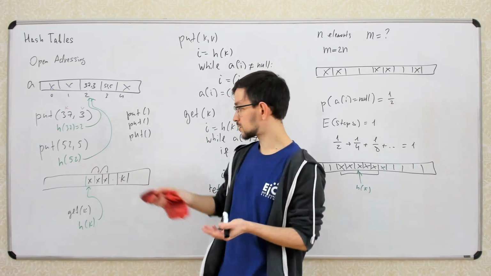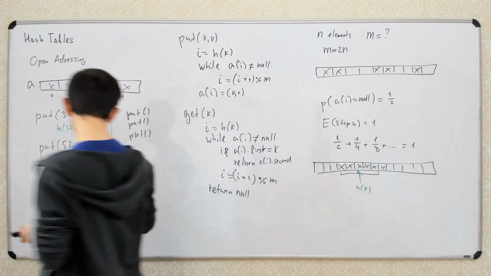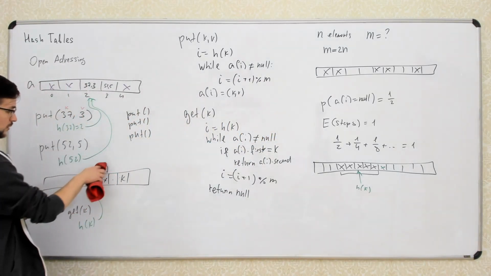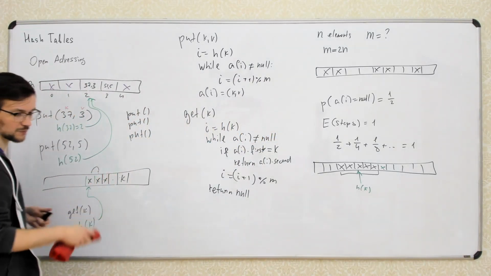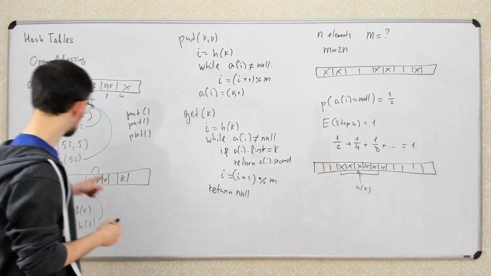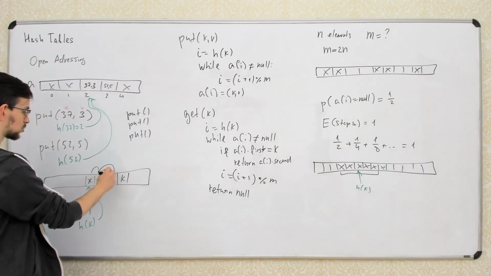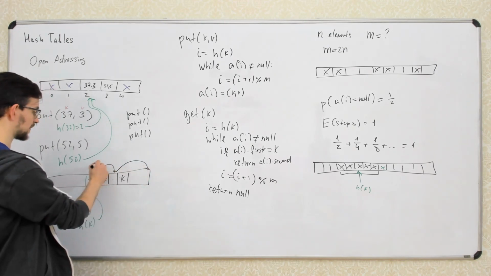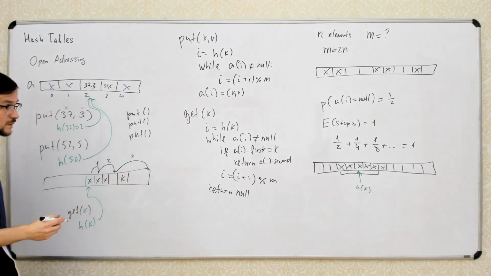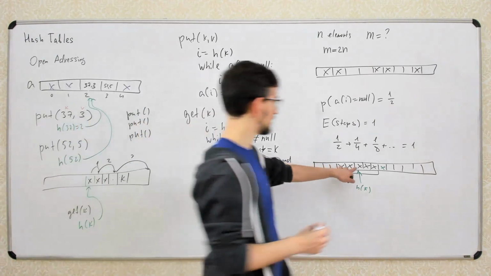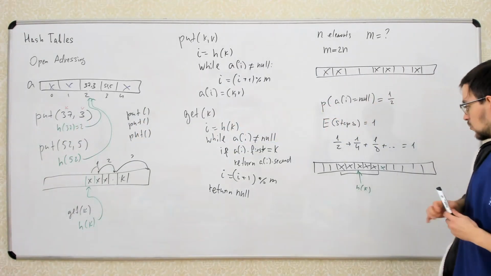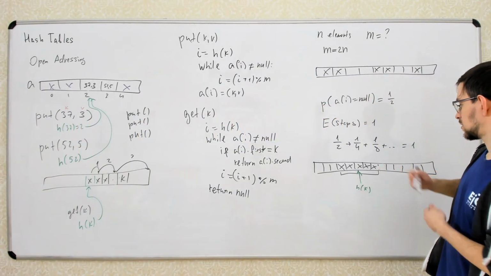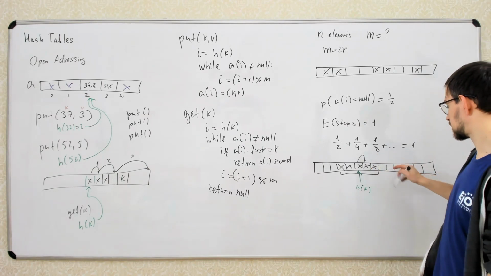That's not exactly what you have to do. You can do it in a different way. For example, you can make each next step bigger than the previous step. You can make step 1, then make step 2 cells to the right, then make 3 cells to the right, and so on. So if you start here and you find this block, you first go 1 cell to the right, then 2 cells, and you go to the same cell.